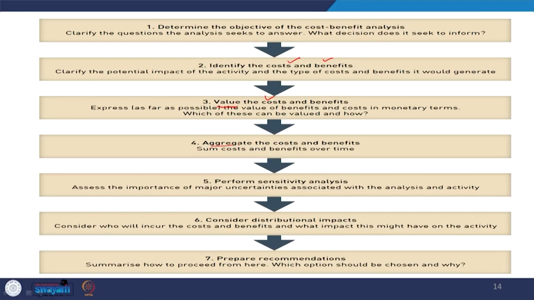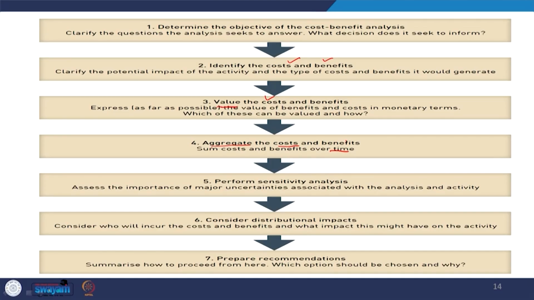We are aggregating all the costs and all the benefits by taking into account the aggregation principle that we have already discussed. And in case of some uncertainty and risk, if you are finding that a variable seems to be very uncertain, we need to find out which is a very sensitive factor, that if it changes then the whole decision will change.